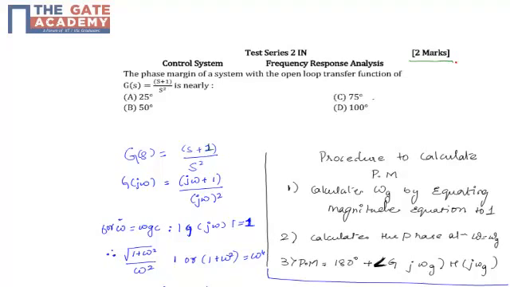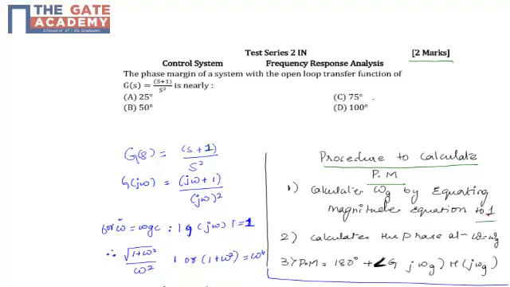In order to find the phase margin of this given system, we have to follow certain procedures. Here is the common procedure to calculate the phase margin. First, we have to calculate omega g by equating the magnitude equation to 1.